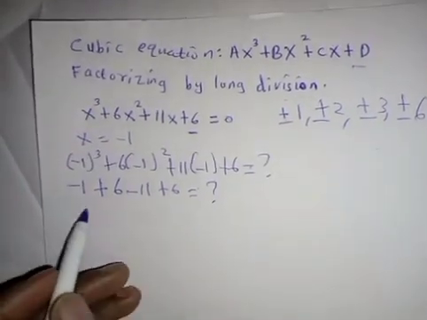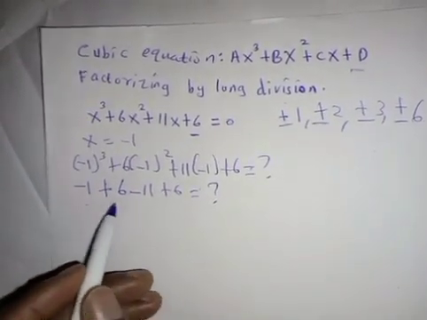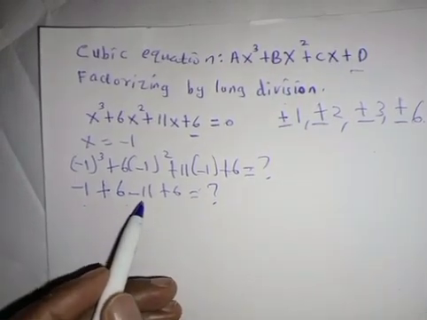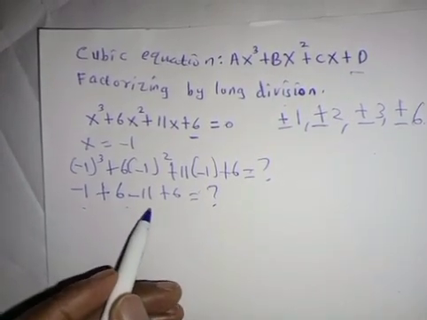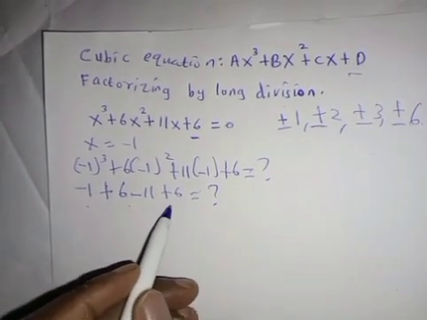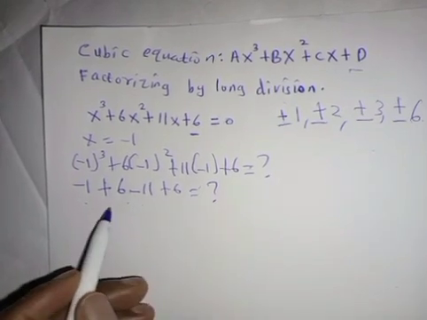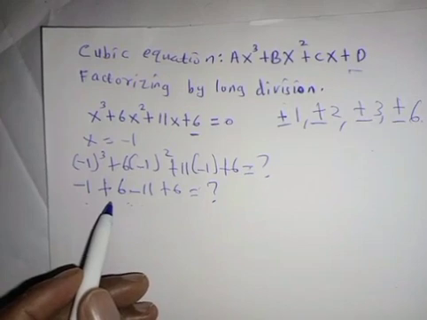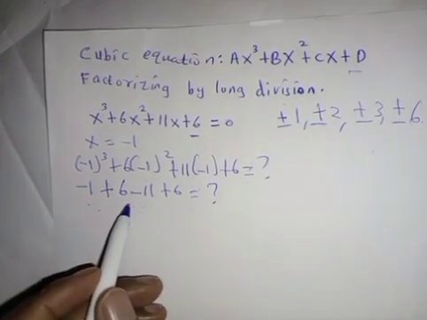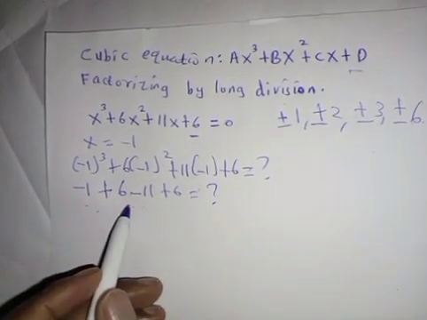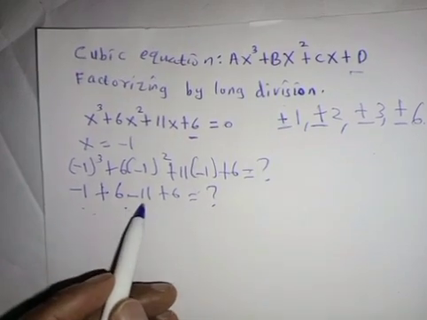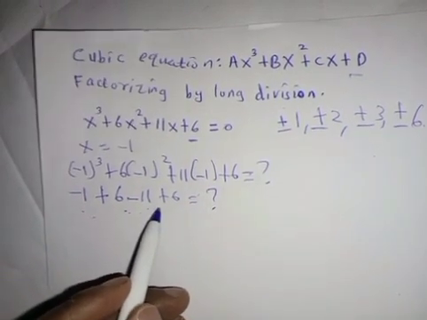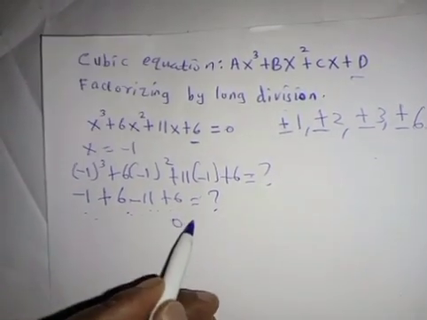Negative 1 plus 6 is 5. 5 minus 11 is negative 6. Negative 6 plus 6 is 0.